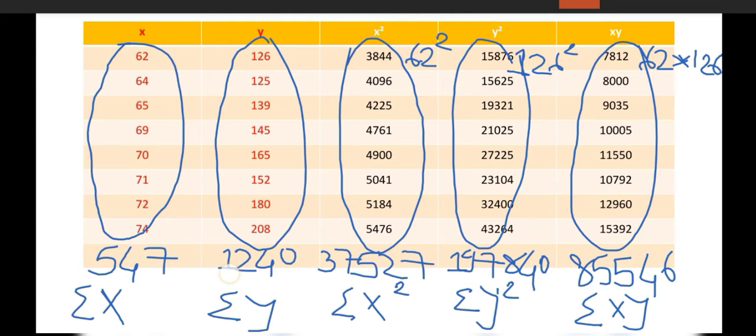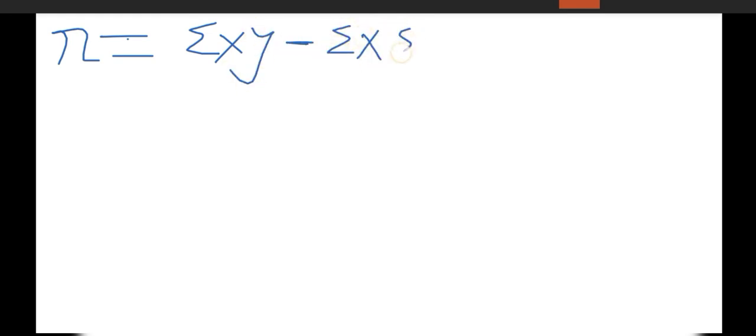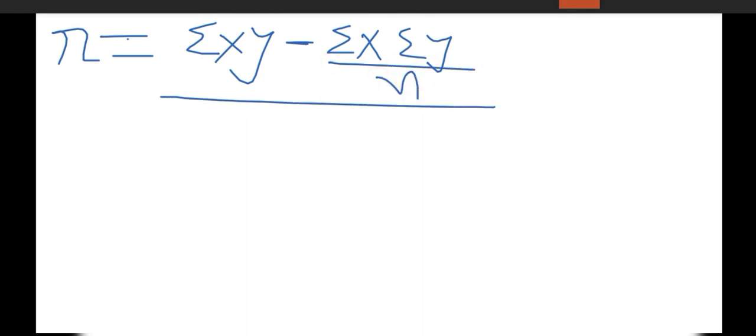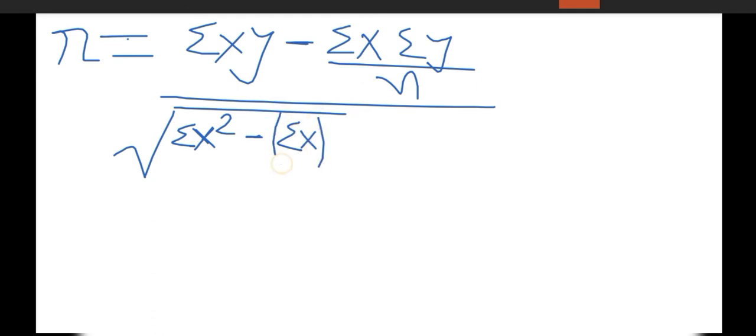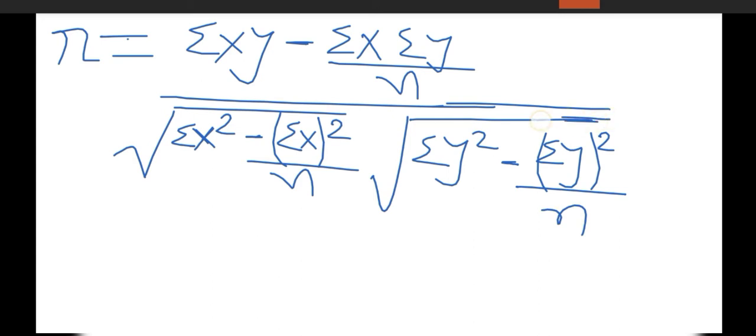To find the coefficient of correlation, we'll put all these values in the formula, which is R is equal to sigma xy minus sigma x sigma y upon n, divided by sigma x square minus sigma x whole square upon n into sigma y square minus sigma y whole square upon n.